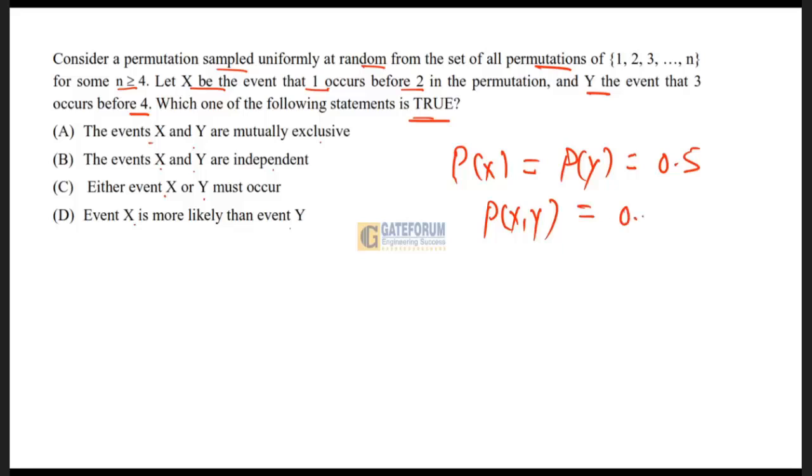That is 0.25, and that is nothing but probability of x times probability of y, right? So the total number of permutations will be n factorial.